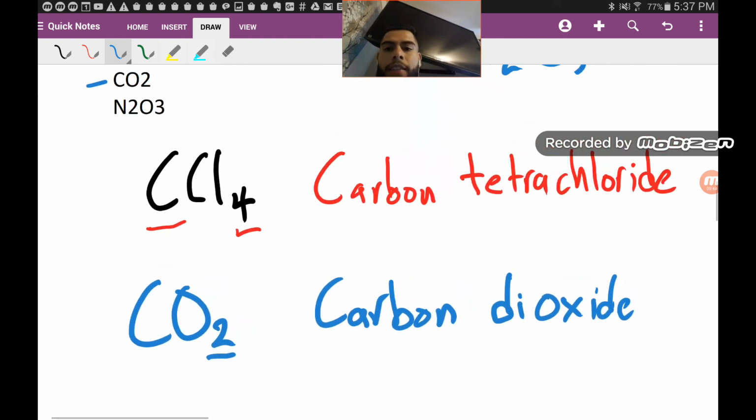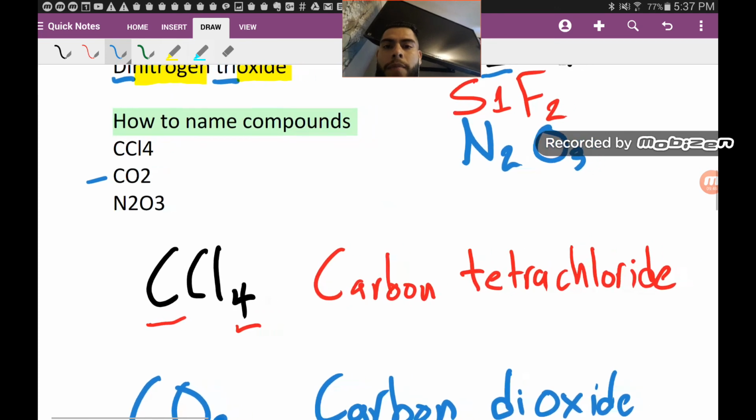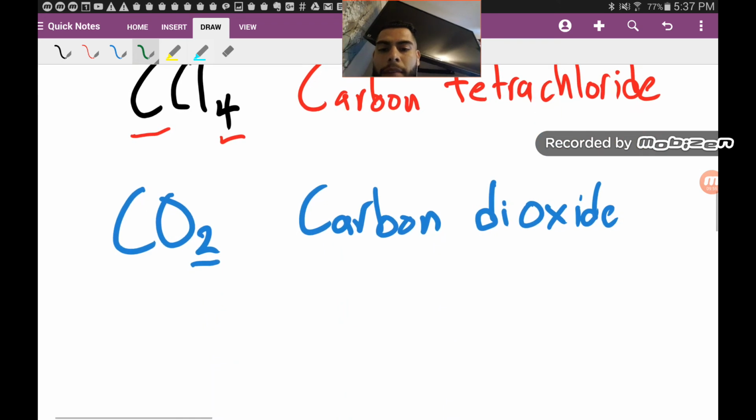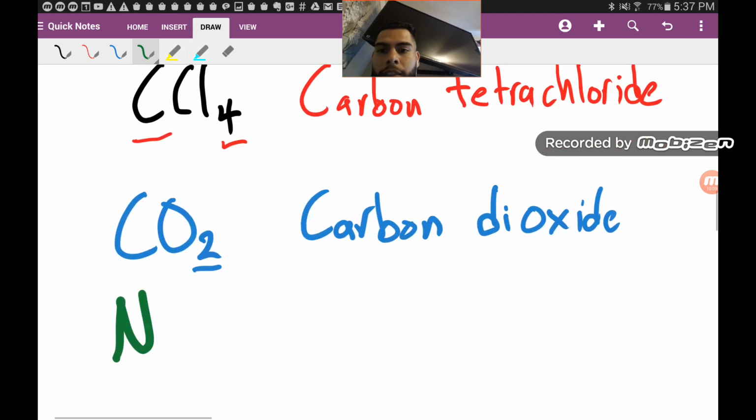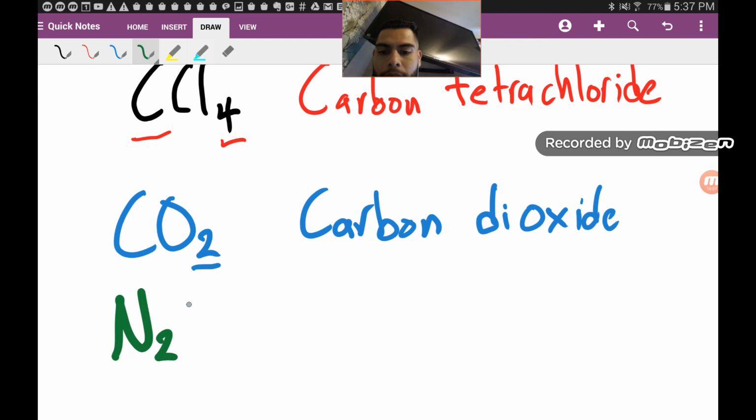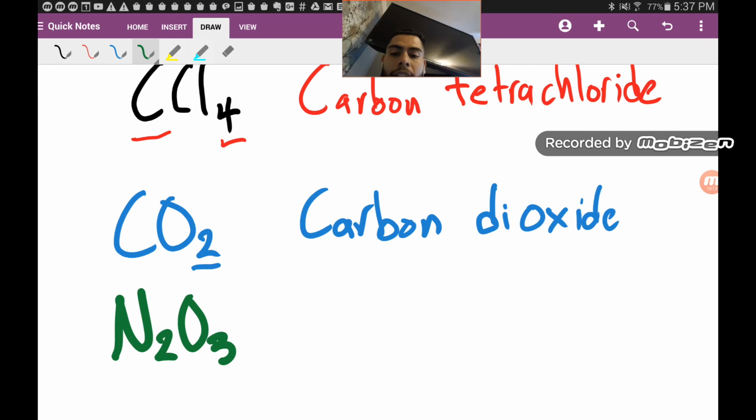And then if we look at the last problem that we have in here, I'm going to write it in green, N2O3. Once again, these numbers are supposed to be little numbers, subscripts, because I cannot edit it in here. So now we're starting with nitrogen.